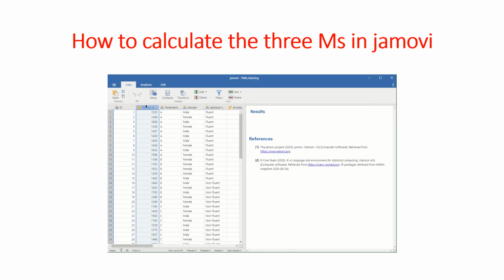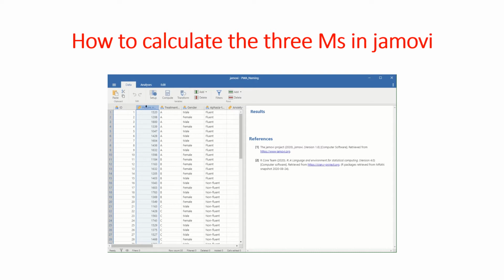Picture naming latency is the variable I want to calculate the mean and median of. It is the reaction time measured when people with aphasia were naming some objects, so it's an interval scale variable.